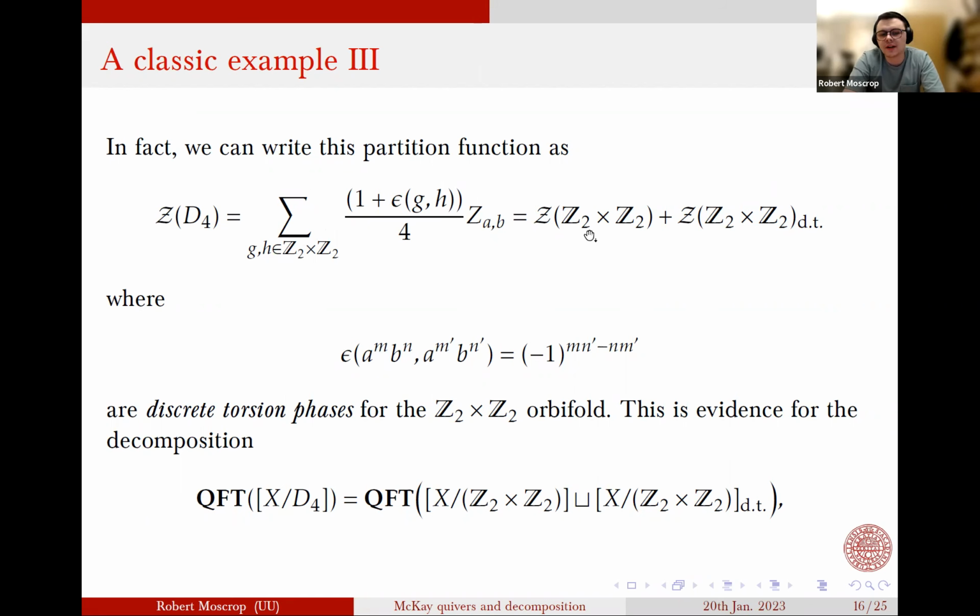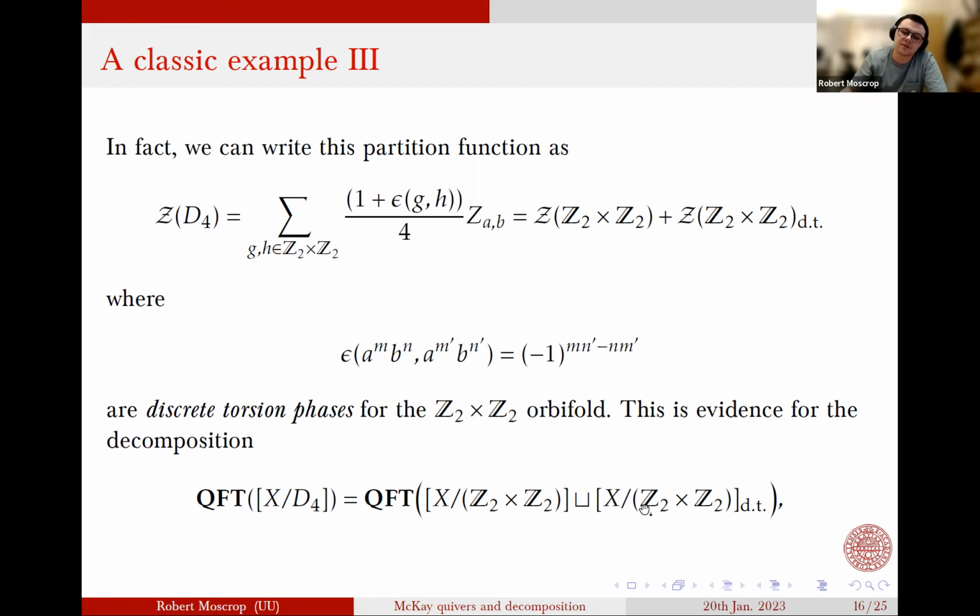So really, writing it in this way, I see that when I take D4 to act unfaithfully in this way, I get that the partition function is just the sum of these two distinct theories. And this is like the original evidence for the fact that this theory decomposes. You think about the theory on this quotient stack as really being the theory given by the disjoint union of theories on these spaces, basically.